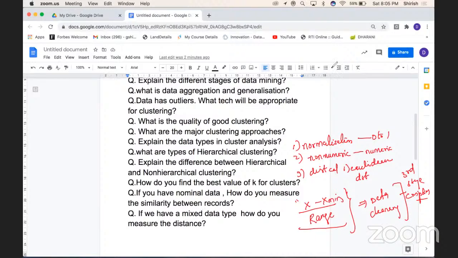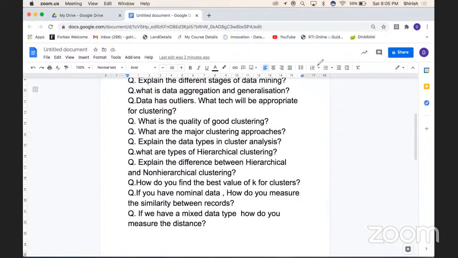Okay. Now my question would be, if you do normalization or if you go for standardization, would the clusters differ or not? Do you expect the same cluster formation when you normalize the data or standardize the data?